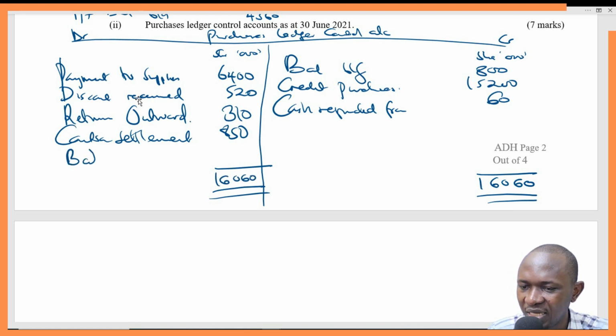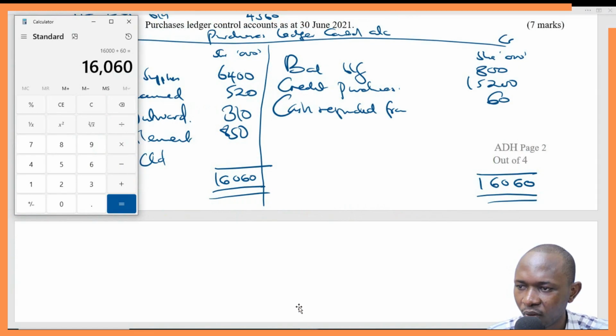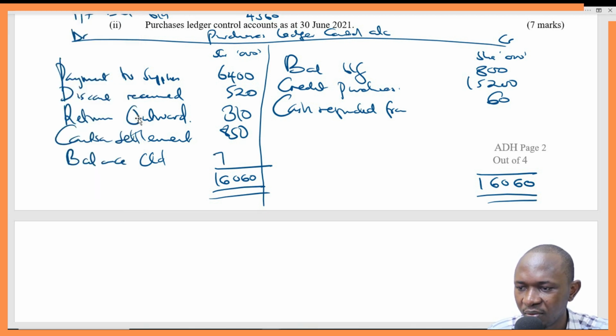So here on 30th June, we'll have a balance carried down. We add this side: 6,400 plus 520 plus 310 plus 850. That gives us 8,080. Then 16,060 minus 8,080, the difference is 7,980.